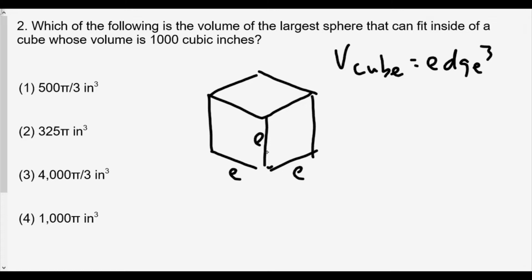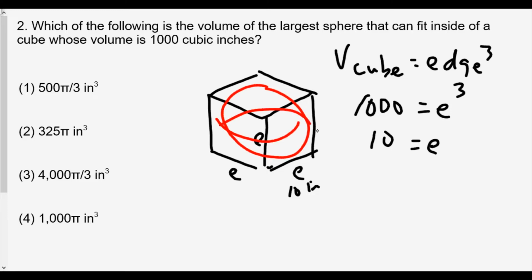So we use edges, and we're told in this case that the volume of the cube is 1,000, and therefore is equal to the edge to the third. So some value to the third power is equal to 1,000. Well, that value would be 10. So our measurement would be 10 inches as far as the edge. Now, we have, in this case, a sphere inside.